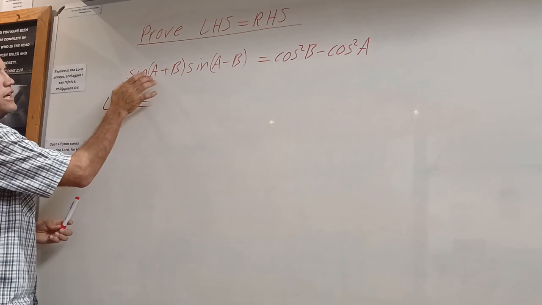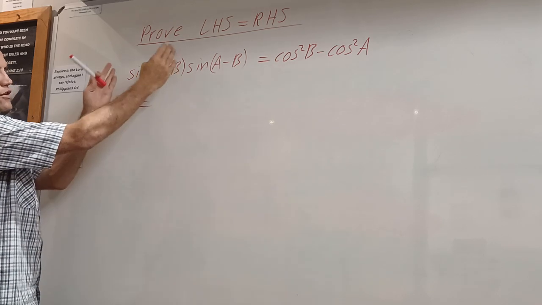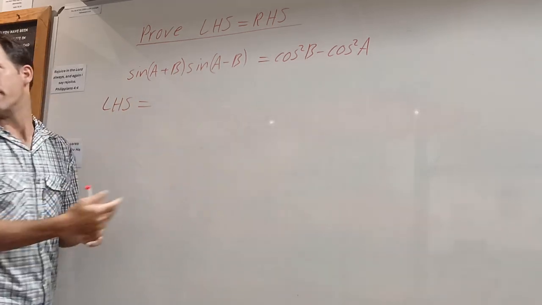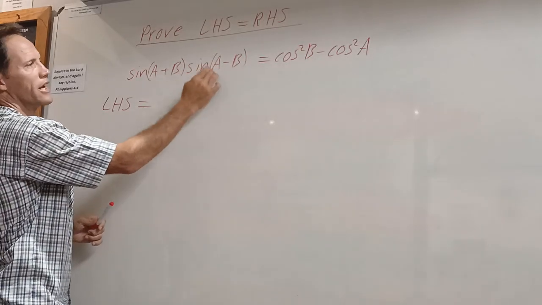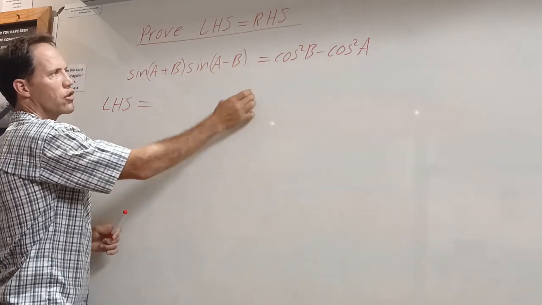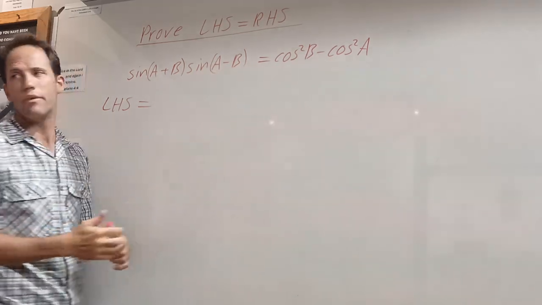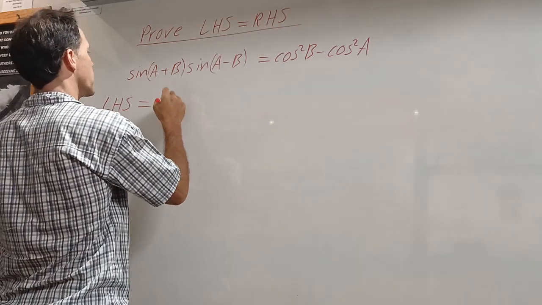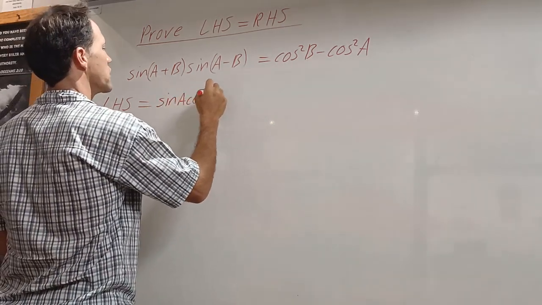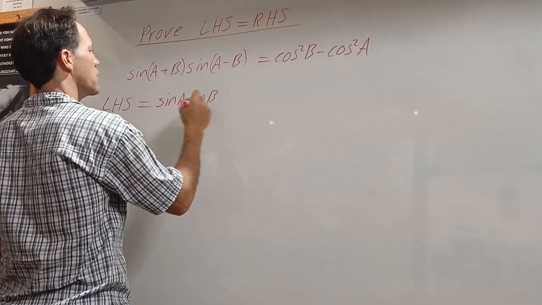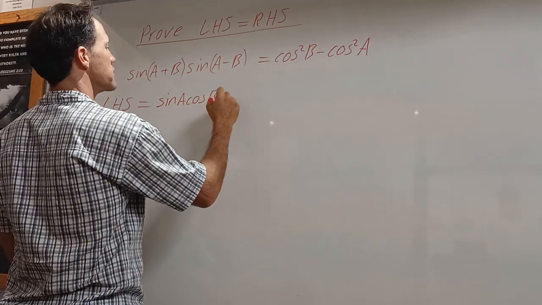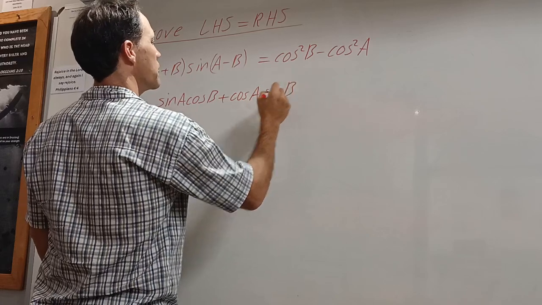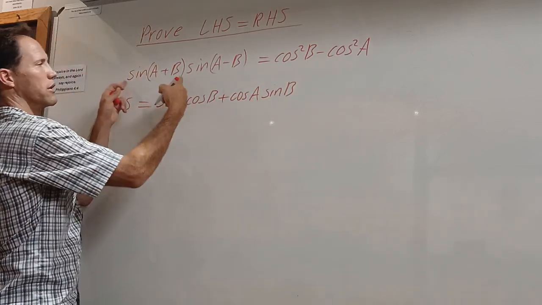So we're going to say sine(A plus B), first of all, this one, is sin A cos B plus cos A sin B. And then we're going to say sine(A minus B) is sin A cos B minus cos A sin B. So we're going to write that whole thing down. Sin A cos B plus cos A sin B, so that's this one.